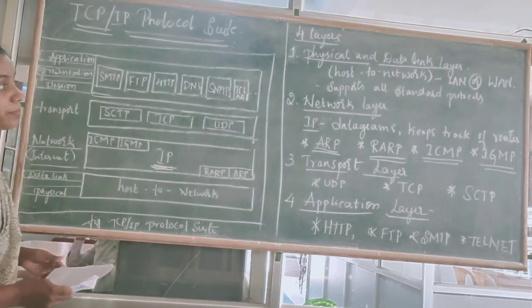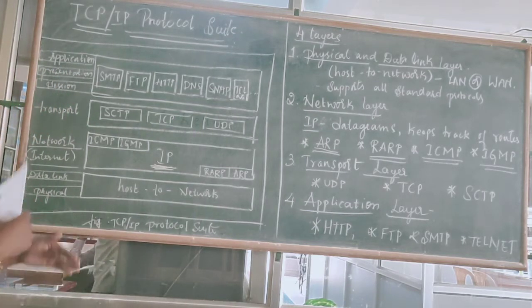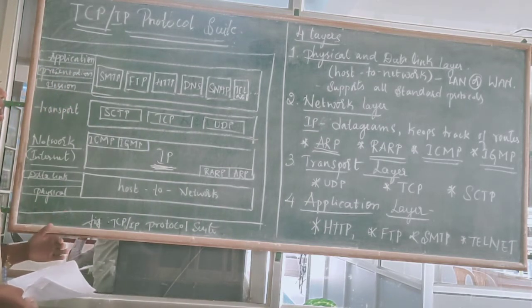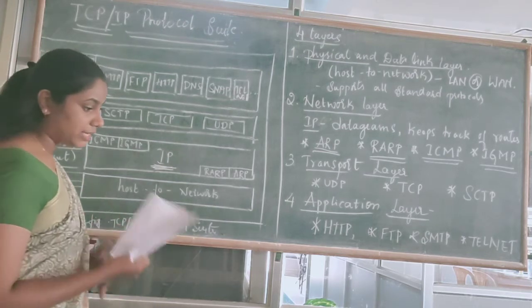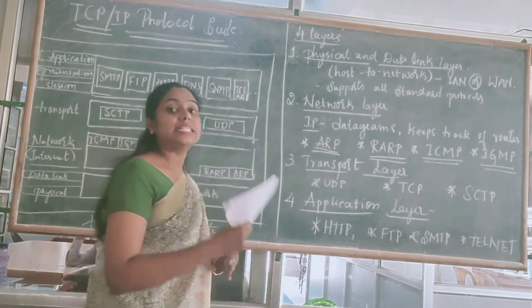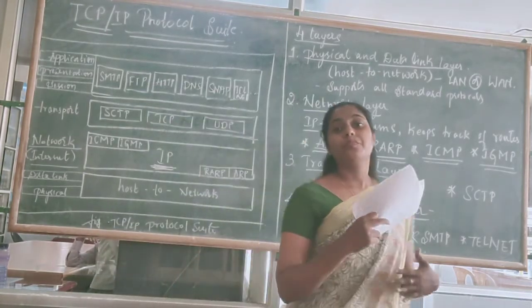So the network layer supports which protocol? That is internet protocol, the internetworking protocol. In this internetworking protocol, the data is sent in the form of datagrams.